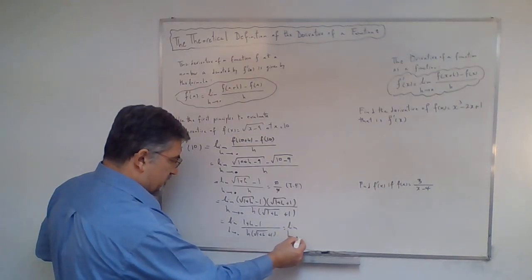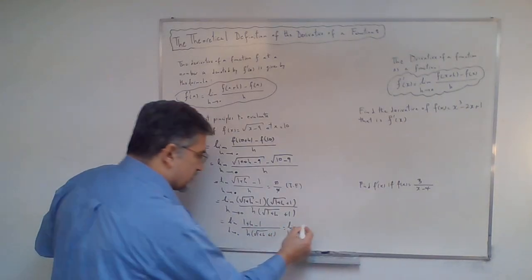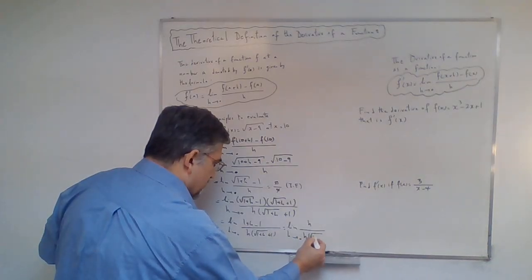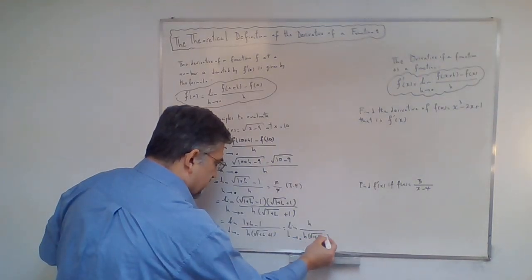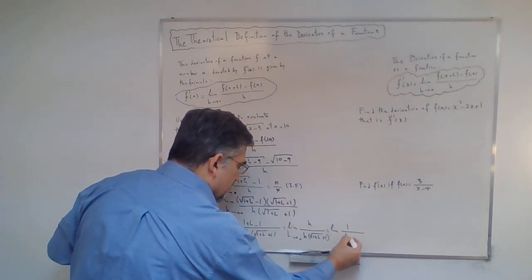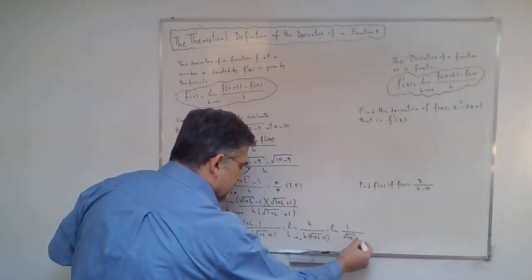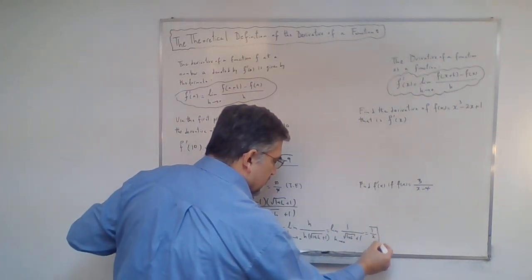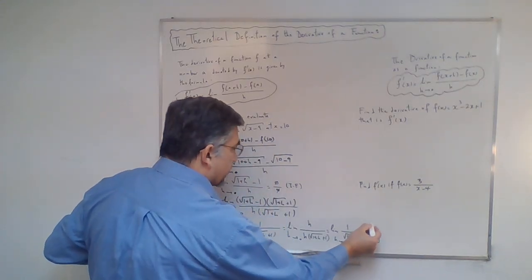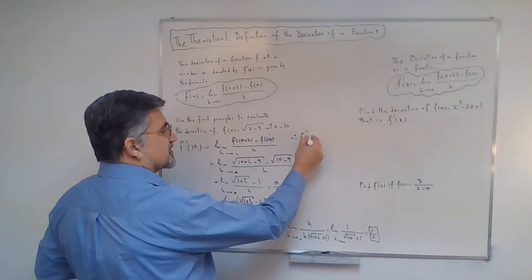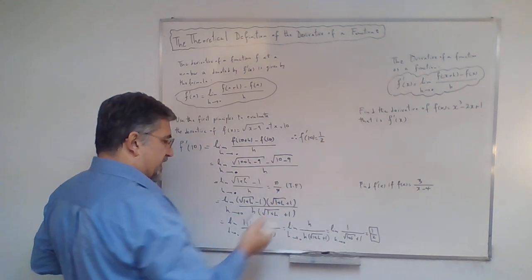Continuing, 1 minus 1 cancel out each other. We are left with h in the top, h in the bottom. We can certainly cancel them out in the next step. So we have 1 over the square root of 1 plus h plus 1, when h approaches 0. In this case, the answer would be 1 over 2. So we can say, therefore, f prime at 10 equals 1/2.